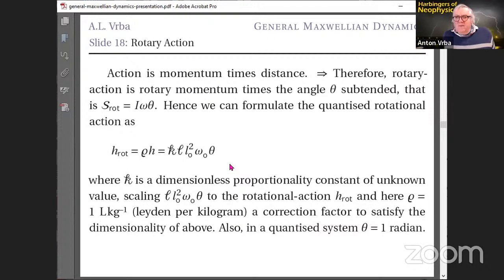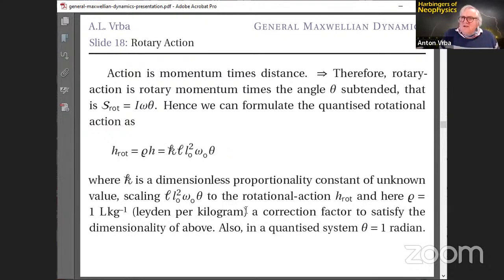And here K is a dimensionless proportionality constant of unknown value, which scales the rest so that the rotary action, so that rho equals 1 Leyden per kilogram, which basically is the conversion needed here to keep all the units constant.